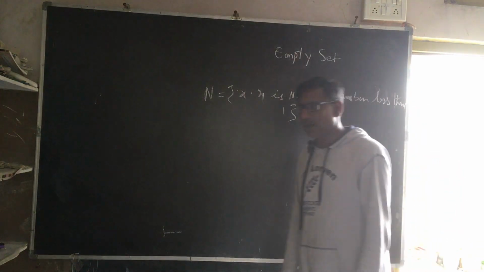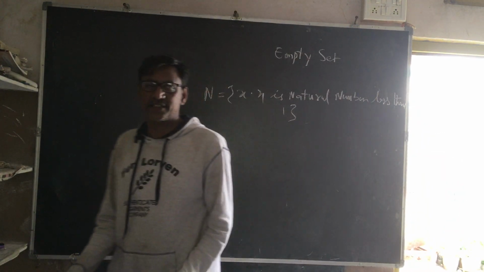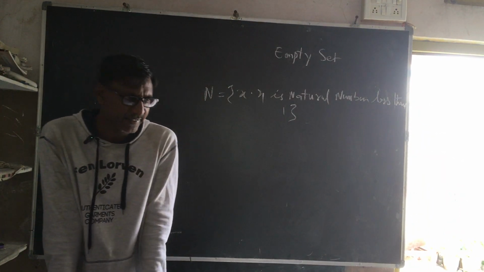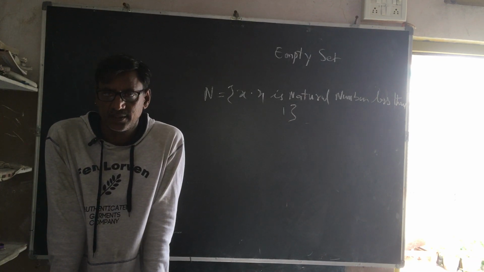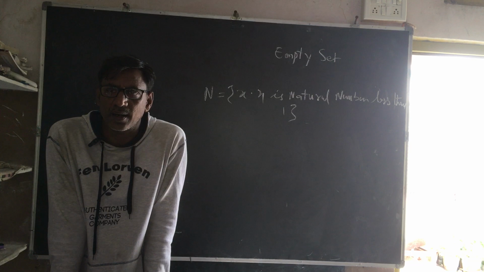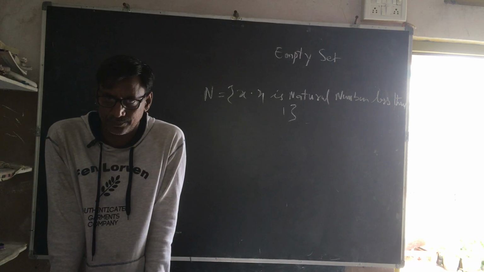This is the best example to understand what an empty set is. N is a set of x such that x is a natural number less than 1.